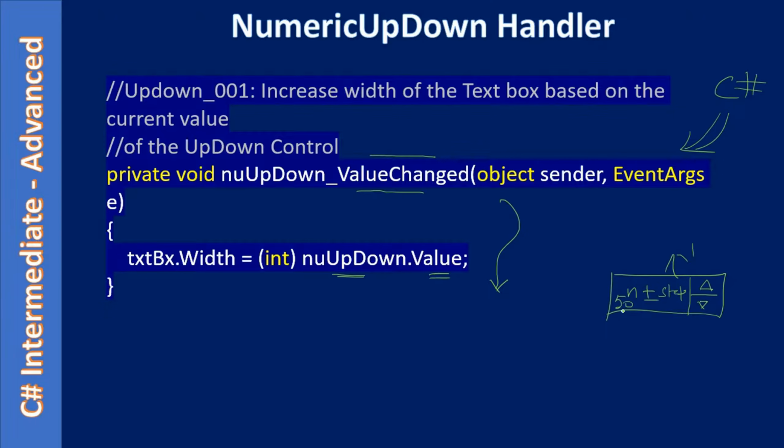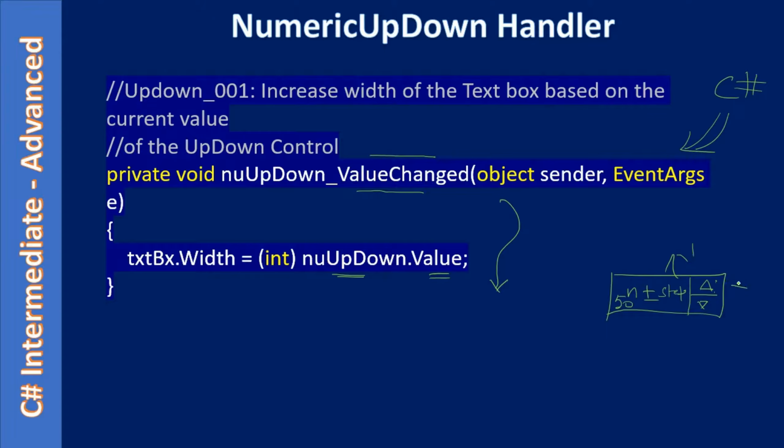Initially we set 50. After the increment it may give 51. Why? Because when the user clicks, it increments, then it makes a call and we will get 51. That we are setting here for the text box width. So when the user clicks the numeric up down, the text box width changes.